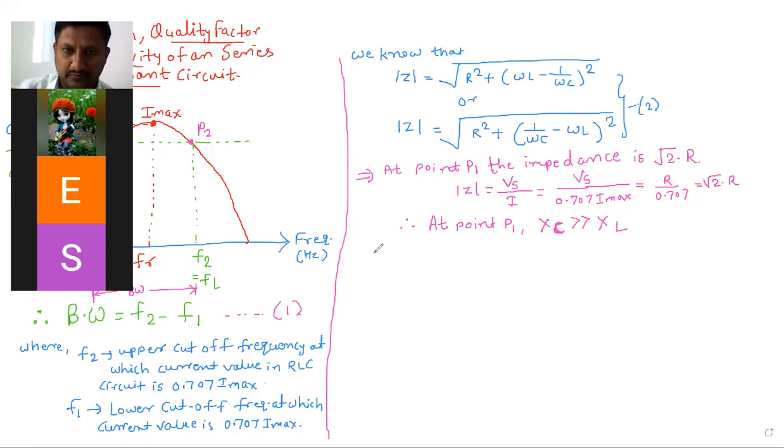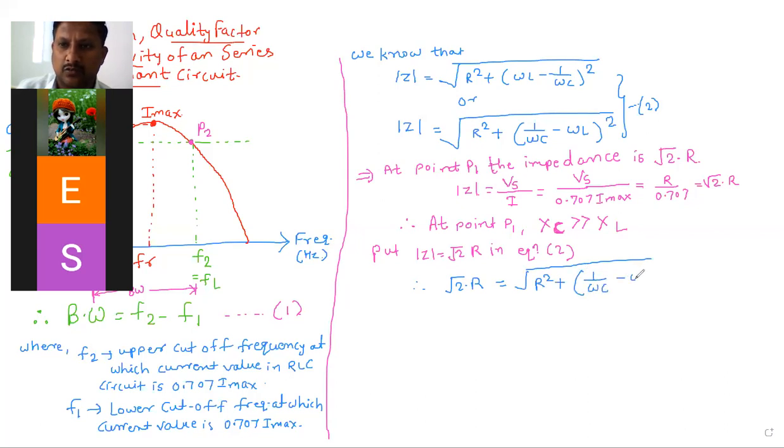So put Z equal to √2 into R in equation number 2. Up to this point, everyone understood? So Z replaced by √2 R is equal to the square root of R square plus, in bracket, 1 upon omega C minus omega L, bracket square.